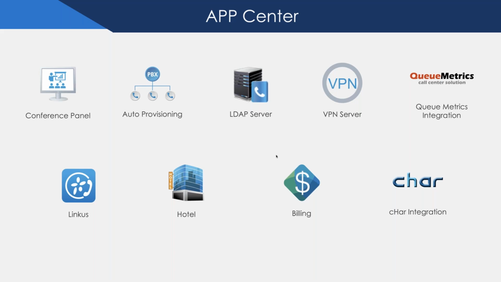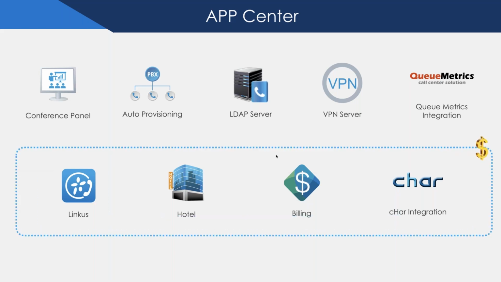Now, in this App Center, we provide a total of 9 different apps. 5 of them are free, 4 of them are not. So we charge for Linkus, the hotel app, the billing app, and chat integration. We actually charge for them. But things are a little bit interesting with Linkus.